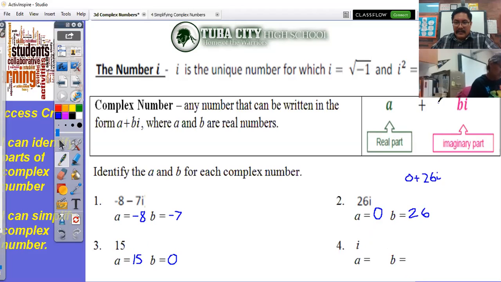And finally here, we got one more. So in this case, again, we are lacking a real part. I only have one number. And now I have to find out what the imaginary part will be. So what is the number in front of the i?